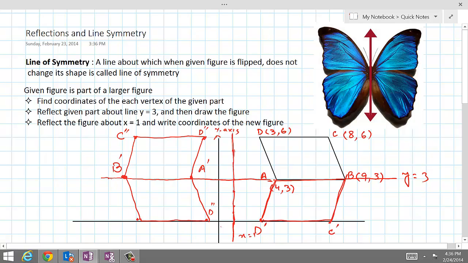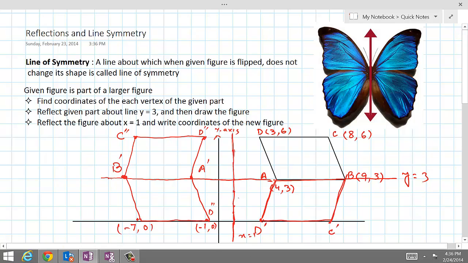If this is the origin and this D double dash is just 1 unit toward left, so this would be -1, 0. And this would be -1, -2, -3, -4, -6, -7. So this would be -7, 0.